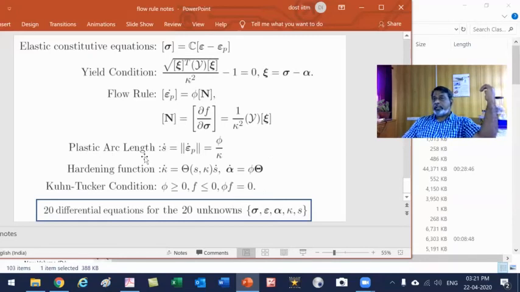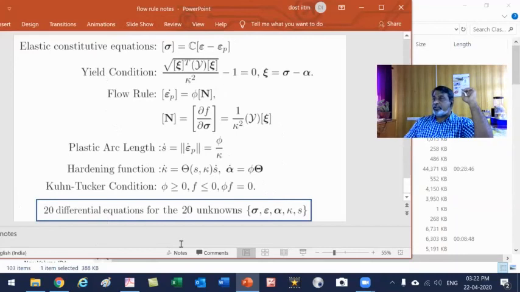And then you have the plastic arc length, S dot, that we have already seen as something that changes kappa, as kappa dot is equal to this, together with the Kuhn-Tucker conditions, which tell you when the plastic flow is occurring. So if I take all this and write down as equations, I'll get 20 different equations.